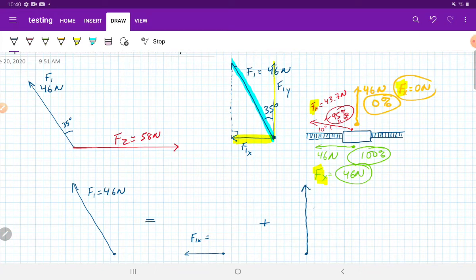F1y. It turns out that this vector is the exact same thing as this vector plus this vector. Basically it describes the same thing. I can draw a force using this notation with an angle, which in our example is 35 degrees. Or I can break this apart into two vectors, one along the x, one along the y, that when I add them, I end up with the original.